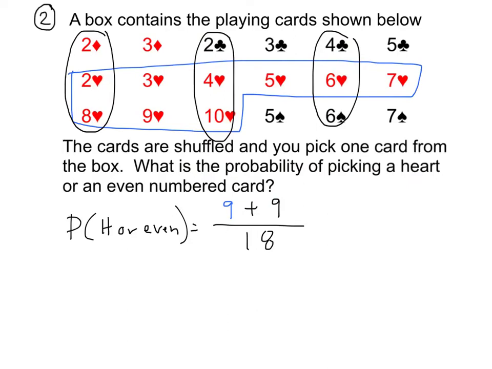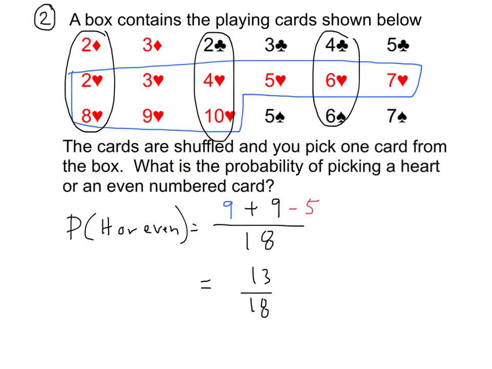So if you want to think about it with addition, you got to be careful because we've circled these 1, 2, 3, 4, 5 twice. So I would have to subtract the ones I counted twice, right? It's all the hearts and then all the evens, but I counted 5 of them twice. So that's 9 plus 9 is 18, minus 5 is 13 out of 18.